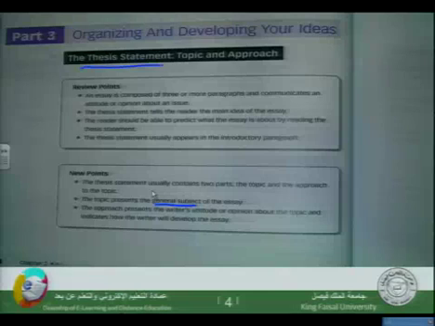It makes reading your essay very easy, because it sets the ground for you to notice and realize that the following lines are going to talk about football and football in the Middle East in a positive way, or football in Saudi Arabia in a negative way, and so on and so forth.